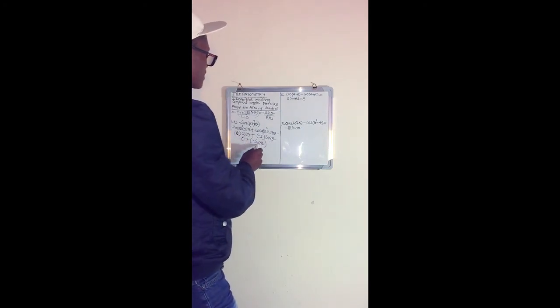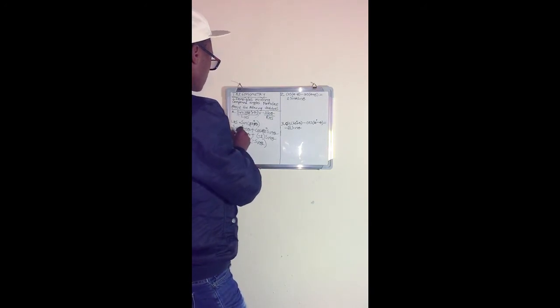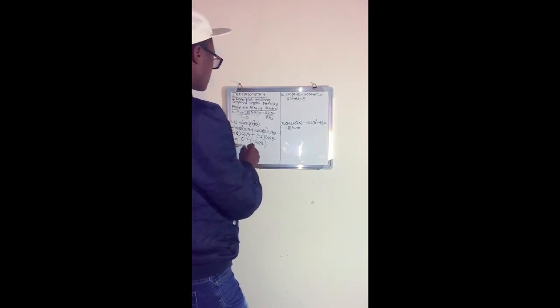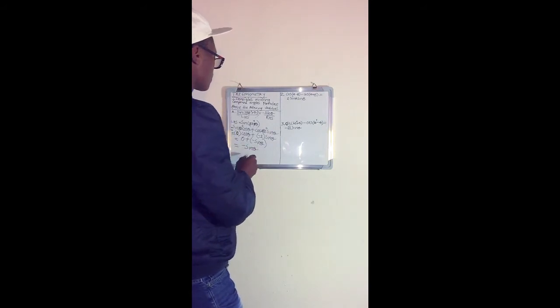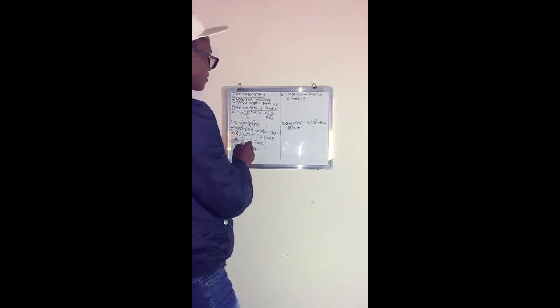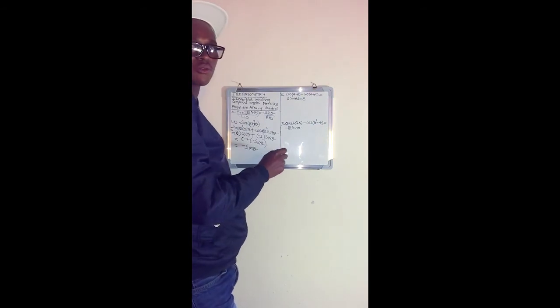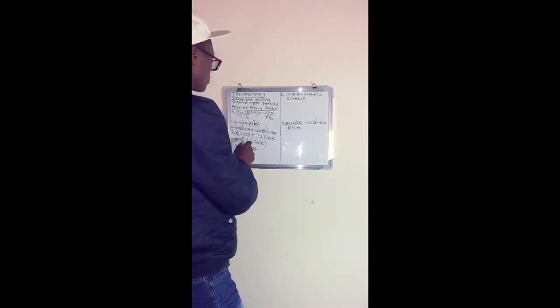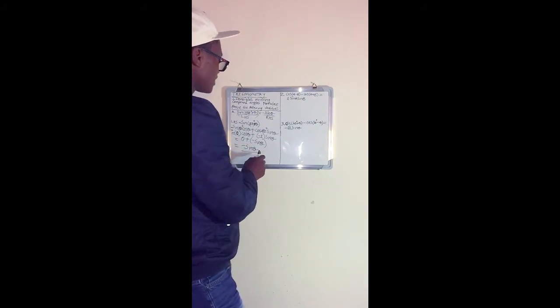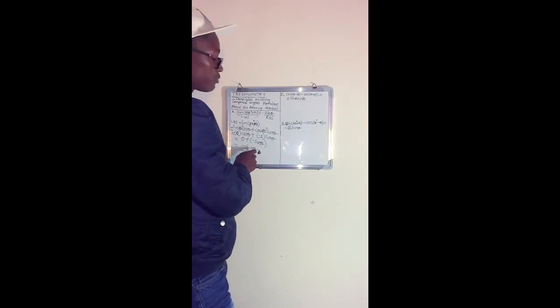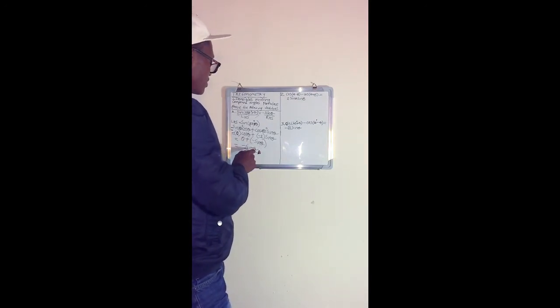So 0 plus minus sin theta is the same as minus sin theta, because any number plus 0 gives that number. 1 plus 0 gives 1. So we got what we were supposed to get, which is minus sin theta.